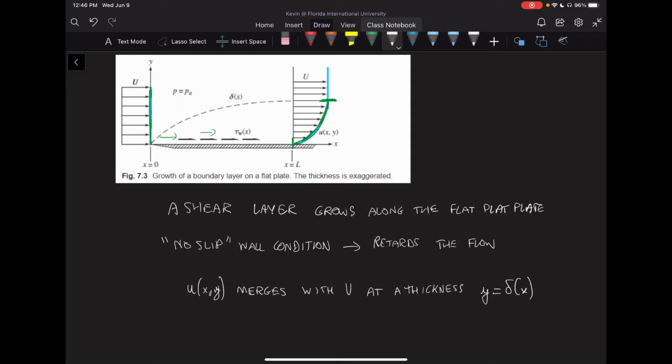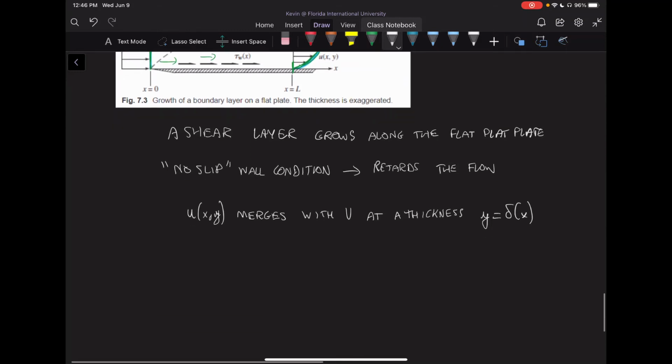Now, if you want to go into more detail on this, what we're going to do next is look at a momentum integral relation, and we have that D of x is equal to the density times b times the integral from 0 to delta of x of u times (U minus u) dy.